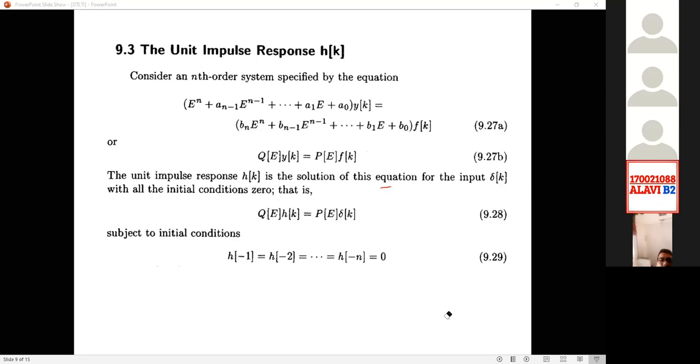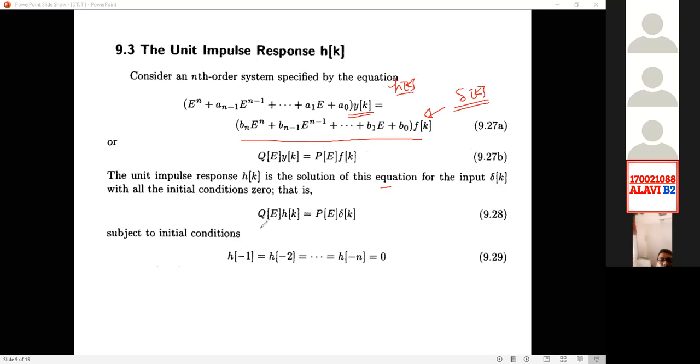Then our technique is what? To find the impulse response, your input should be replaced by an impulse, isn't it? So if this is your input-output relationship in operator form, then if we replace our input f[k] with delta[k], you know that delta[k] has a magnitude equal to 1 at k equal to 0, then that output y we can call the impulse response h[k].